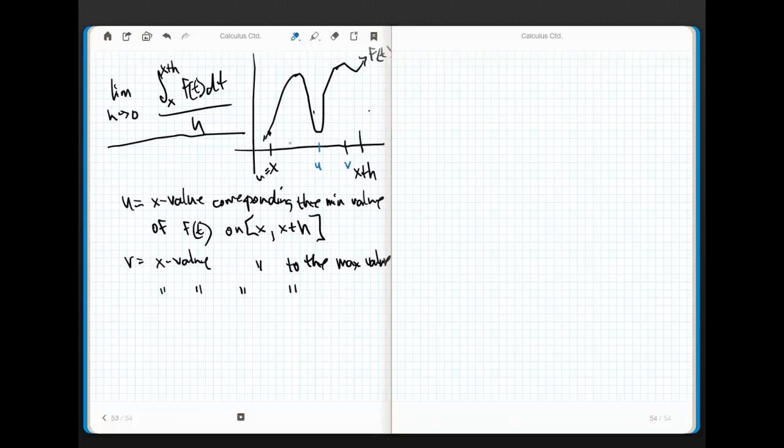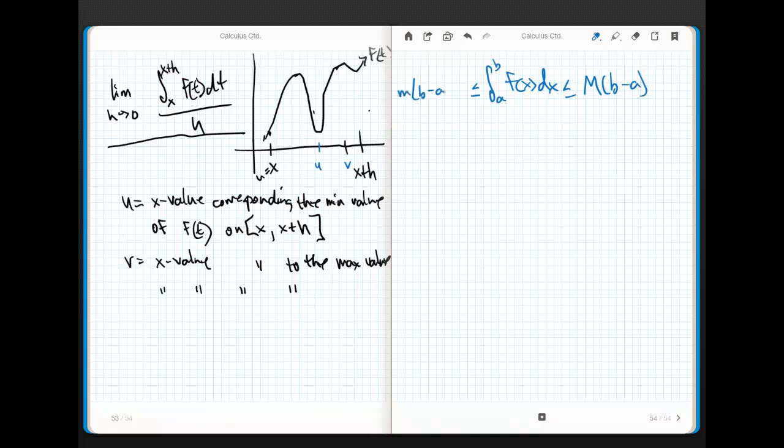Okay. Now remember one of our properties, let's write this property down. If we had a max value and a min value, we know that the integral from a to b of f of x dx, this was one of our properties from before, is wedged between the maximum value of the function on the interval from a to b times b minus a, and the minimum value of the function times b minus a.